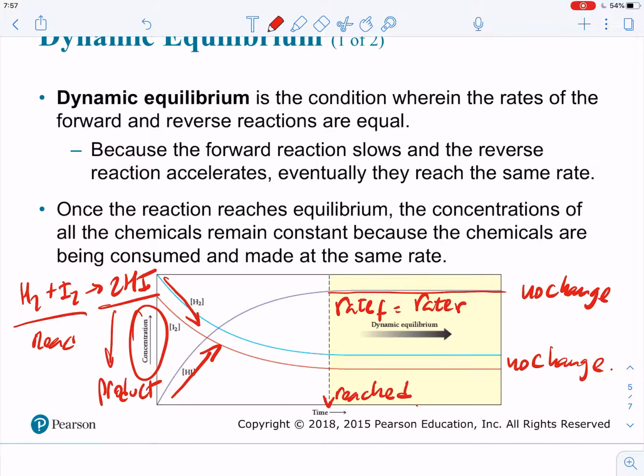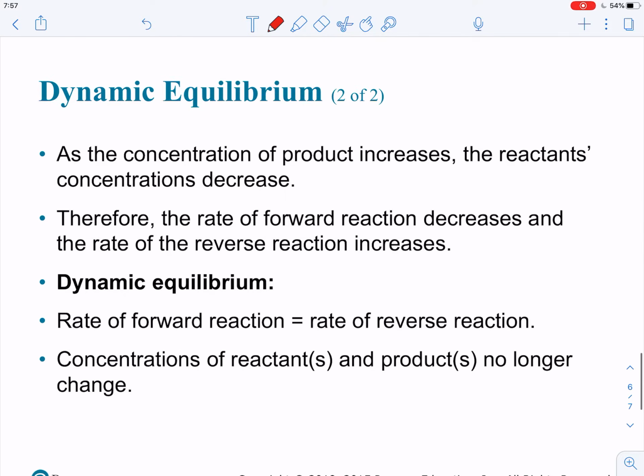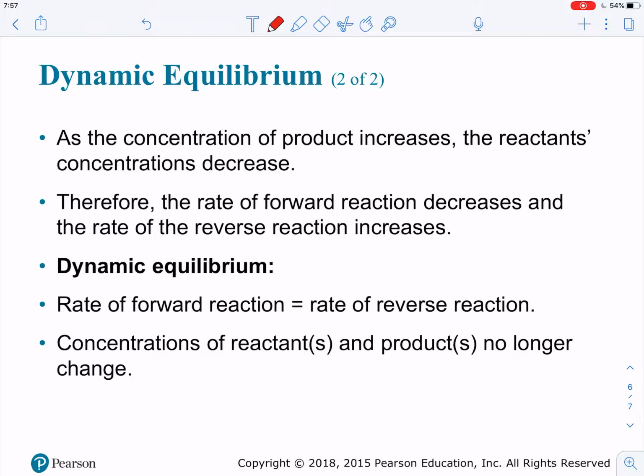Does that mean that the concentration of products and reactants are the same? Absolutely not. Okay, it just comes to the rate. So that is what we have here. The rate of the forward reaction is equal to the rate of the reverse reaction. That is the condition for equilibrium.